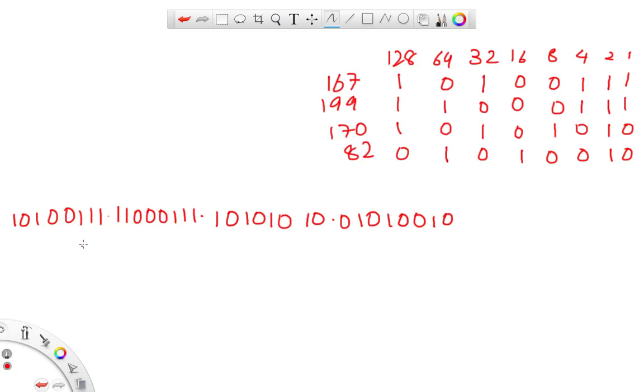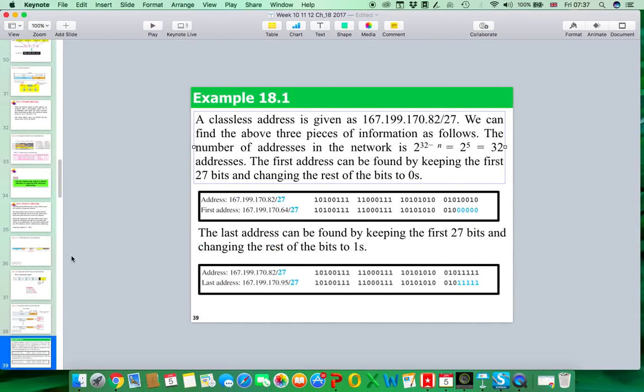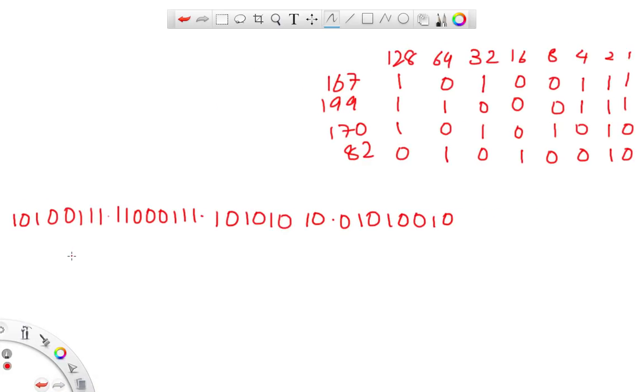So we have all this. And how much did we say our subnet mask was? 27 bits. So you're counting 1, 2, 3, 4, 5, 6, 7, 8, 9, 10, 11, 12, 13, 14, 15, 16, 17, 18, 19, 20, 21, 22, 23, 24, 25, 26, and 27.